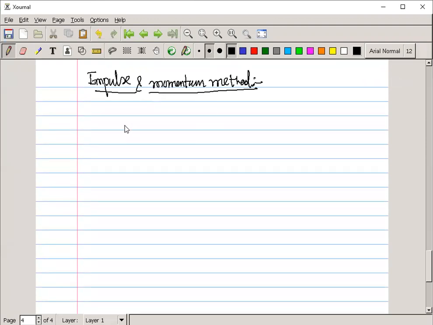The first one is linear impulse and linear momentum.